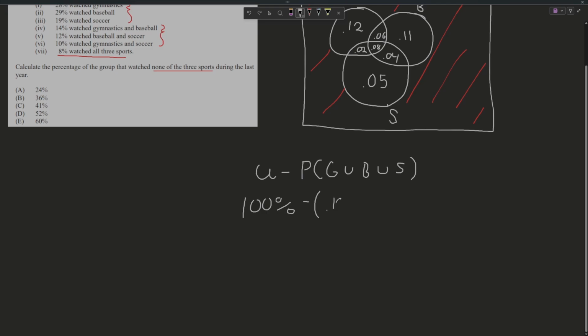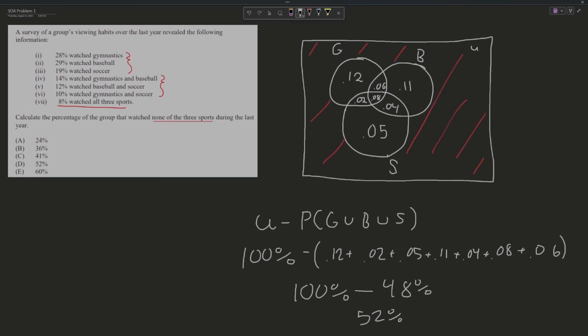So we have 12 plus 2 plus 5 plus 7 plus 4 plus 8 plus 6. And that ends up giving us a total of 48%. So this is 100% minus 48%. That ends up giving us 52%.